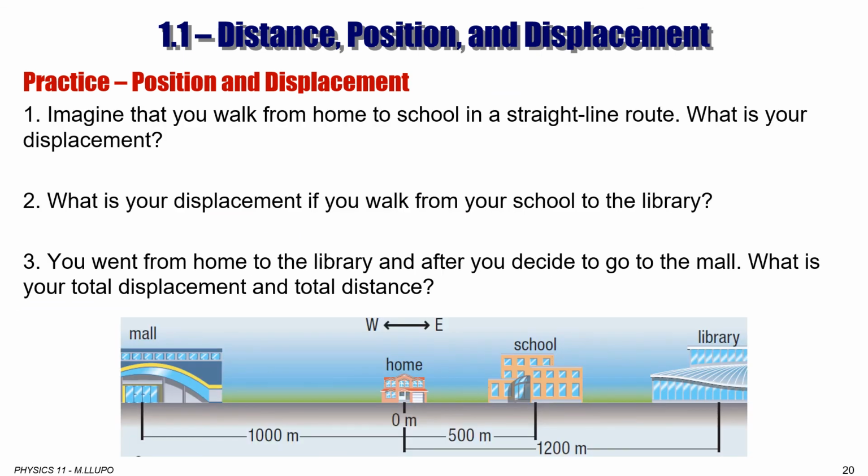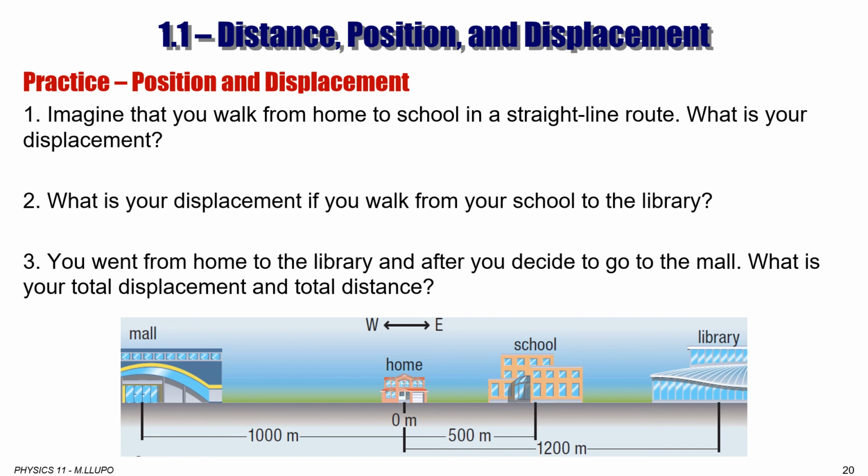Now it's your turn again. You can pause the video and try to practice. Imagine that you walk from home to school in a straight line route. What is your displacement? What is your displacement if you walk from your school to the library? And you went from home to the library, and after that you decide to go to the mall.